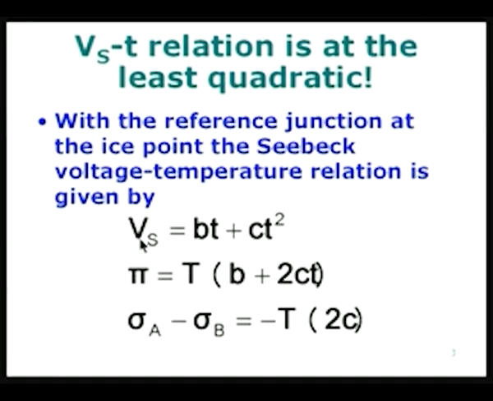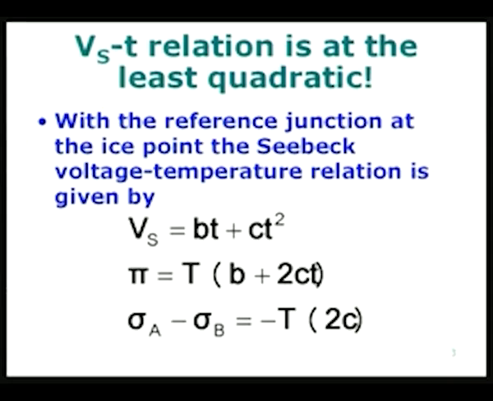Therefore, the Seebeck voltage, which appears as a voltage across the thermocouple junctions, is related to the first term, which comes because of the Peltier effect, and the second term, which comes because of the Thomson effect.